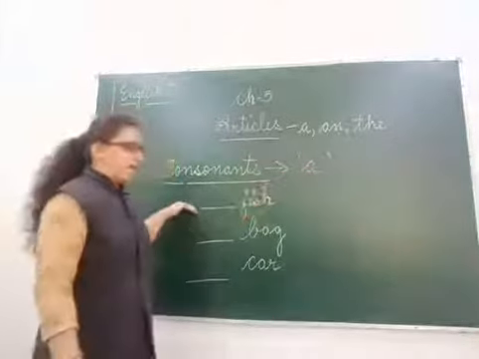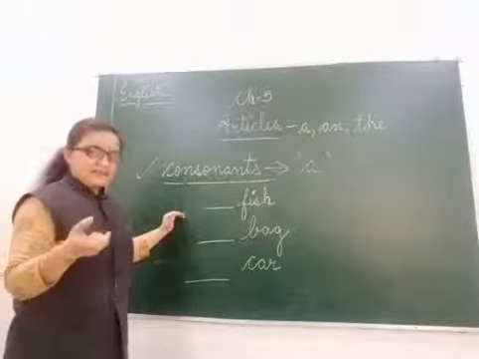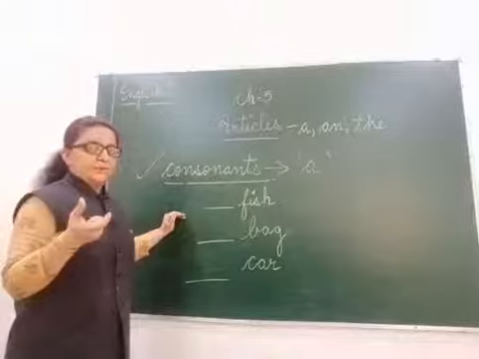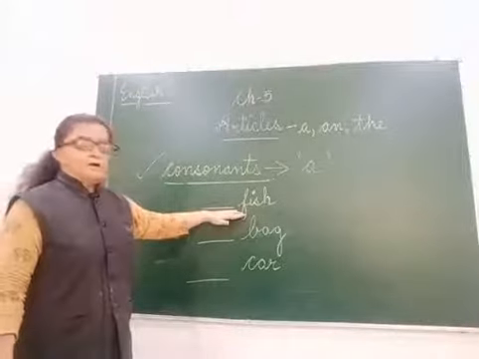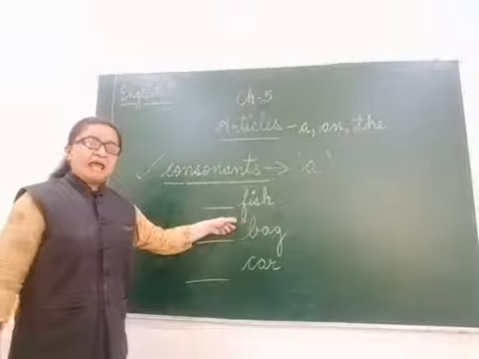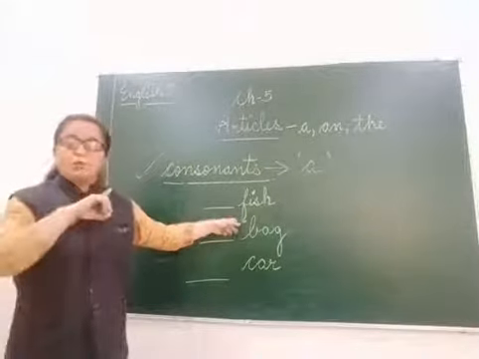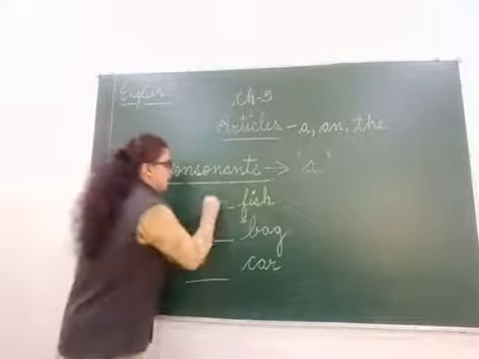You will not say an. When you will use a as an article, you will say a. Okay, so here fish is starting with which letter? It is starting with F. So F is not a vowel, it is a consonant. So what you will say? A fish.